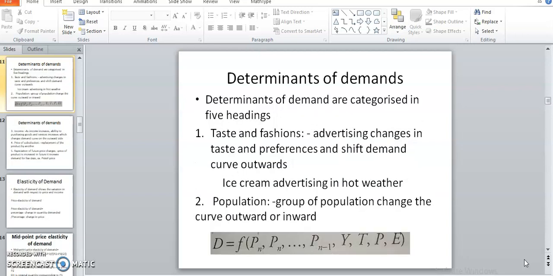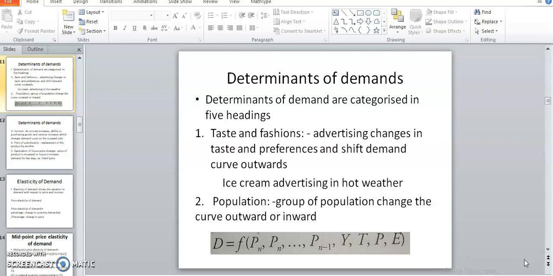So demand is a function of these parameters: a function of P, Y, T, P, and E. Here Pn represents price, Y represents income, T represents taste, P represents the age or population factor, and E represents the price in the future.